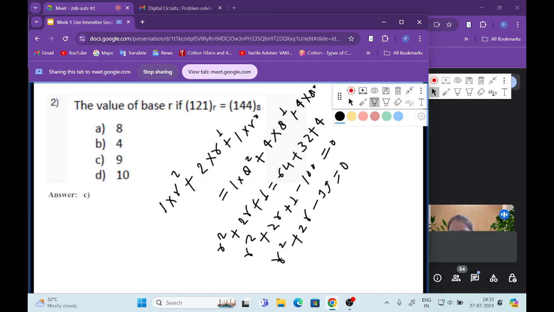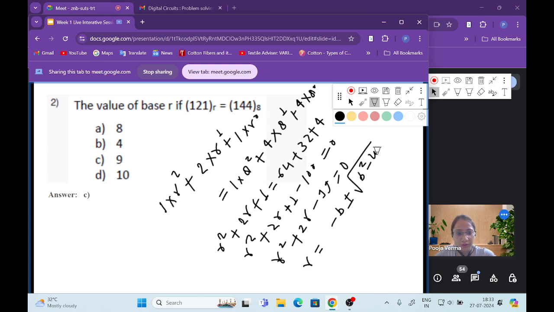here by this formula. If you find out r is equal to minus b plus minus square root of b squared minus 4ac, divided by 2a, right? I think all of you know this one. What is the b here? B is 2. Here nothing is given, so a can be taken as 1.